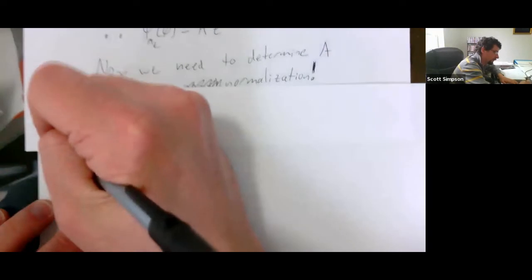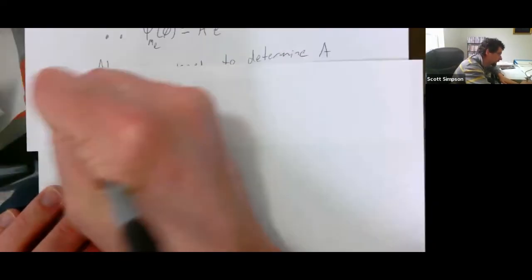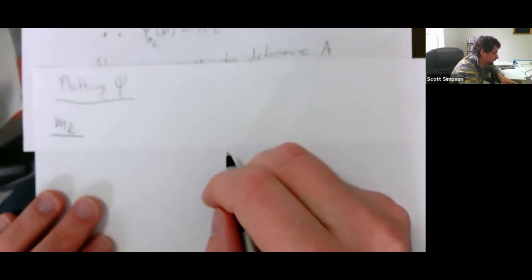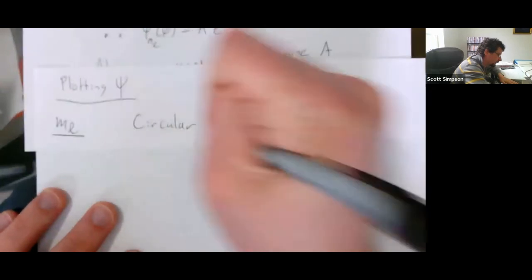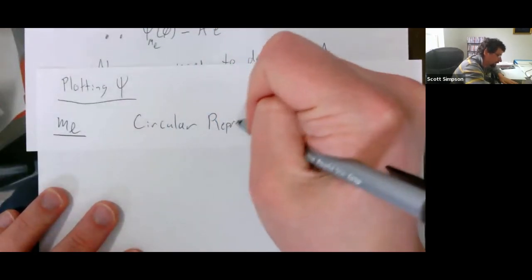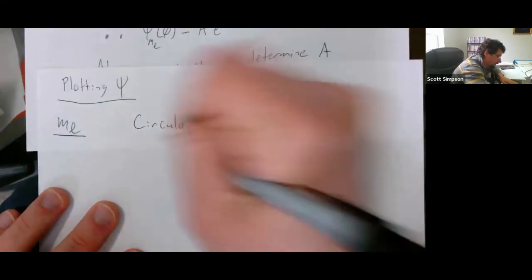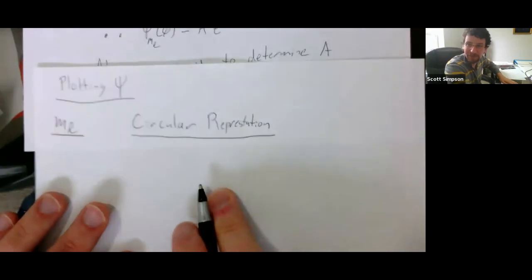What we're going to do is make a table. We're going to have a table that keeps track of our m sub l value. We're going to have a circular representation, where we try to draw this in 3 dimensions, which is going to be kind of tough on this 2D paper.